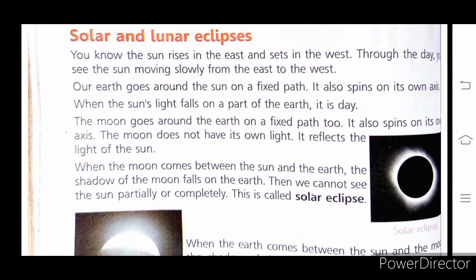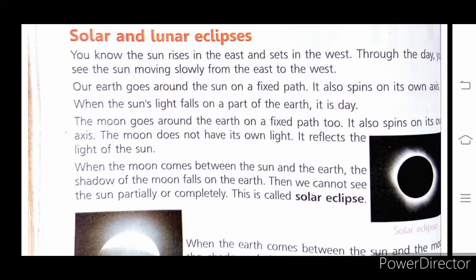Through the day, you see the sun moving slowly from east to west, from the morning to the evening, how the sun is moving.